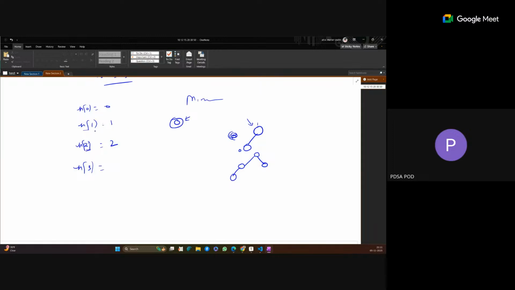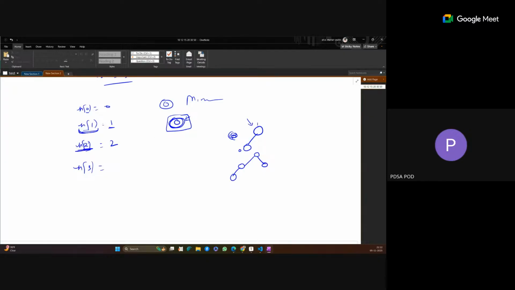We are looking for the minimum number of nodes for a given height. If height is 0, there are 0 nodes in the AVL tree. We are looking at an AVL tree, so our tree should be balanced, with the minimum number of nodes. For height 1, with one node, this is still balanced. So this is the AVL tree with height 1 with the minimum number of nodes.